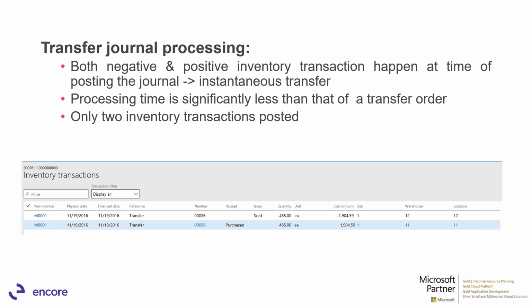And then as soon as the journal is posted, the system takes care of both the negative and the positive transaction at the same time. Okay, so it's deducted from the originating dimensions and it's added to the destination dimensions with the click of a button. The processing time is a fraction of what the processing time of the transfer orders is.